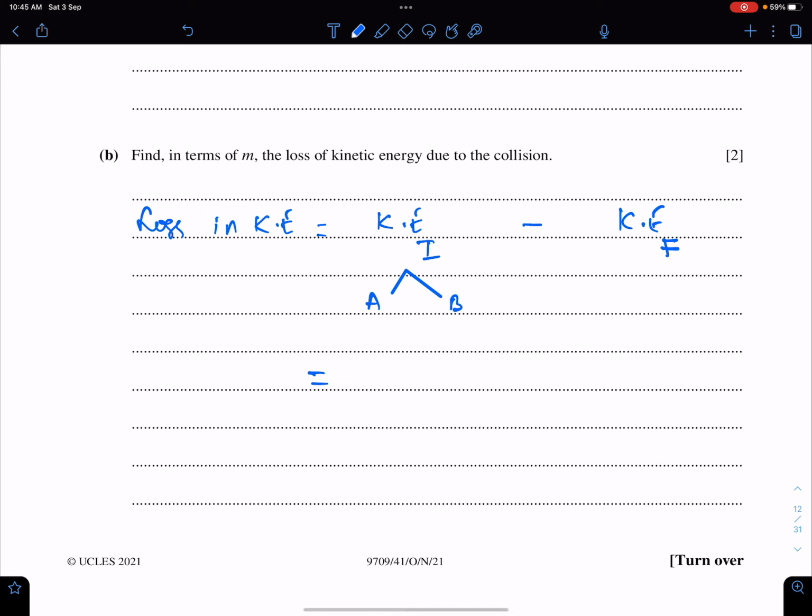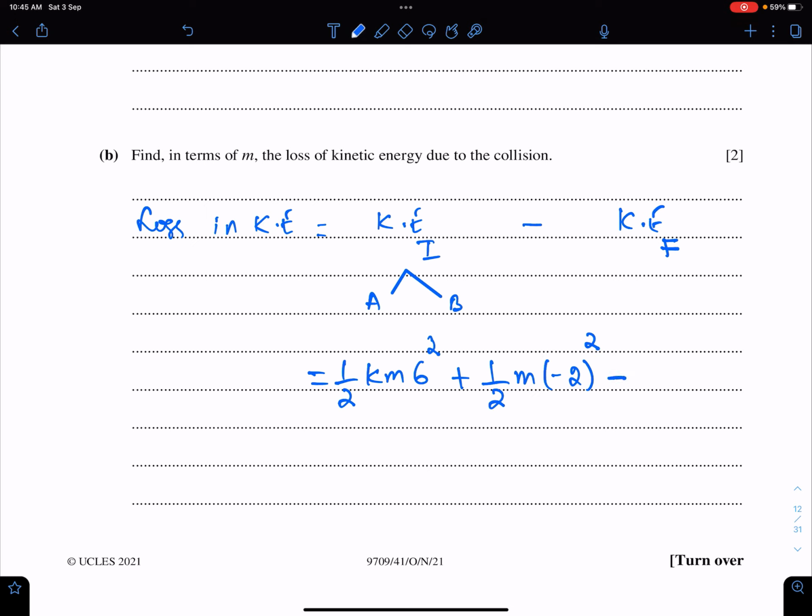Kinetic energy of A before the collision is half km into its speed 6 square. Kinetic energy of B before the collision is half m times its speed, which is minus 2. Speed is 2 and velocity is minus 2, so you can just write 2 square here.